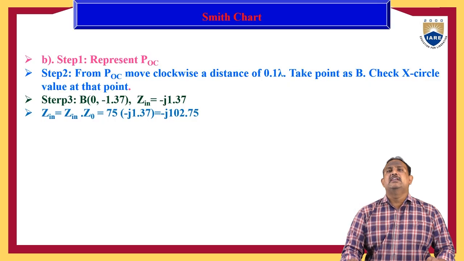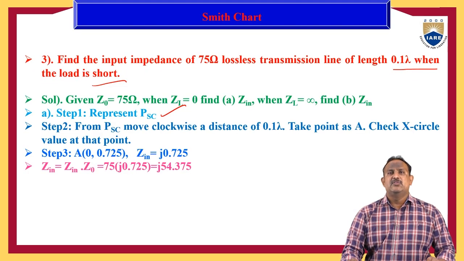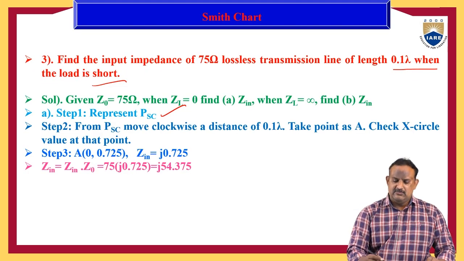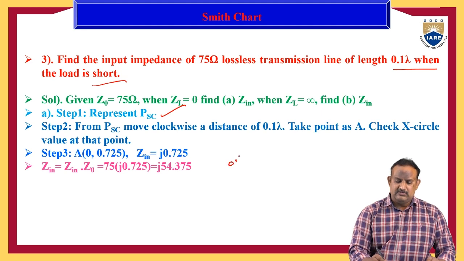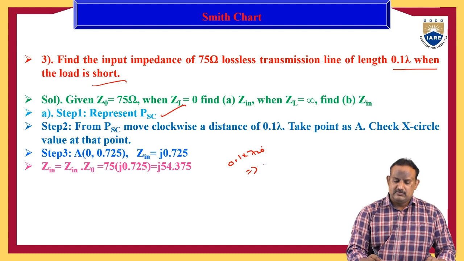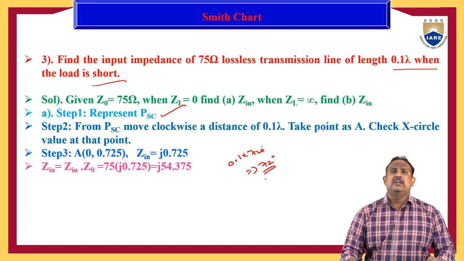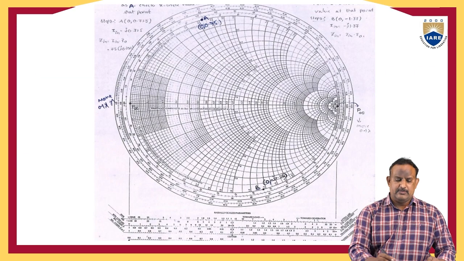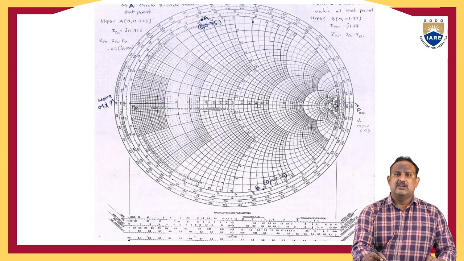The length of the line is given as 0.1 lambda, which is 0.1 into 720 degrees, so 72 degrees. Rotate 72 degrees from point PSC in the clockwise direction.